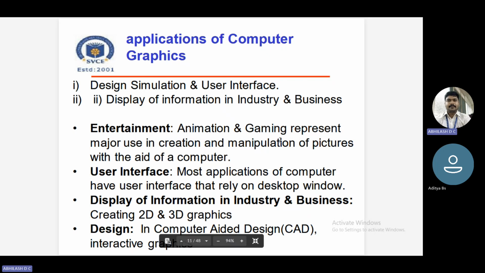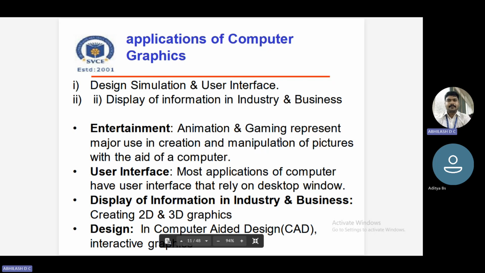An important question from the examination point of view from module one: applications of computer graphics. The first one is entertainment. Today the generation is taking graphics to an extent where they are generating images artificially, which are synthesized without any natural scenes being taken, right?